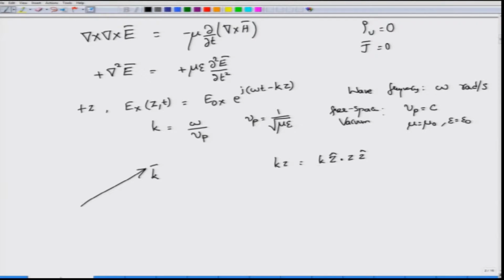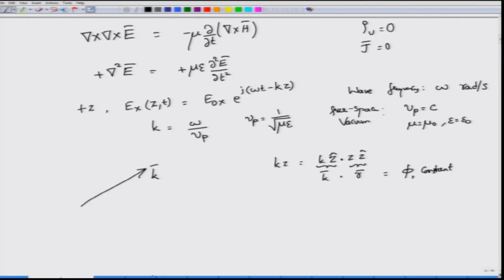This k into z hat would have given me the vector k, right, and z into z hat is nothing but the position vector on a plane. Okay. So, the position vector is r. So, what you are doing is the dot product of k dot r, and wherever this k dot r is equal to some phi, and this phi is a constant, these are the constant phase planes.